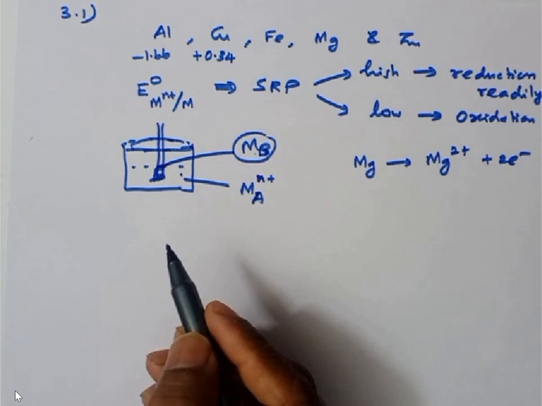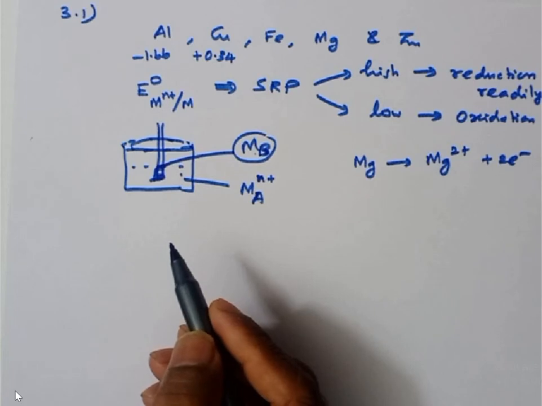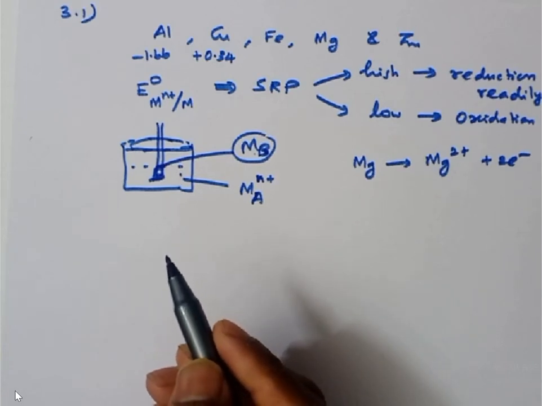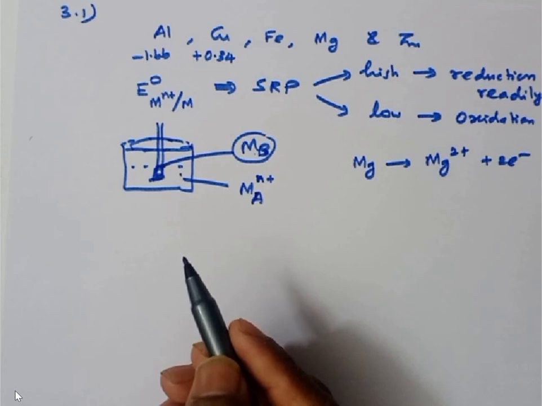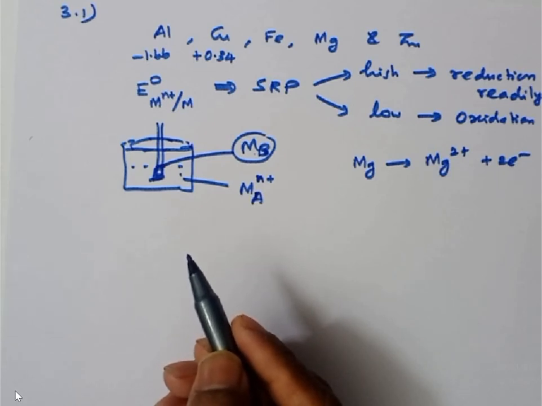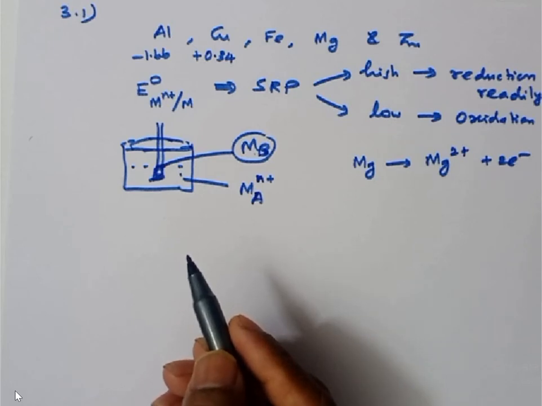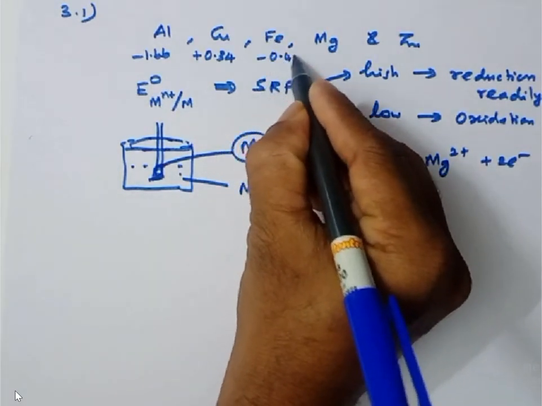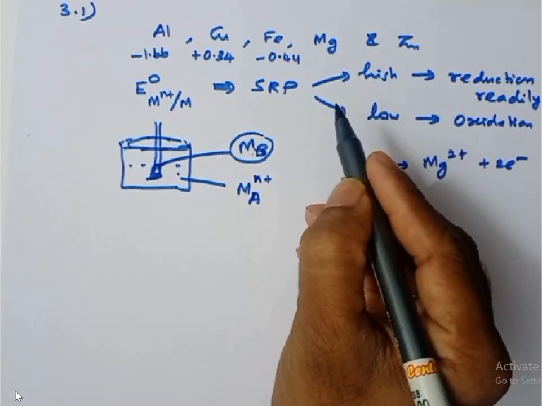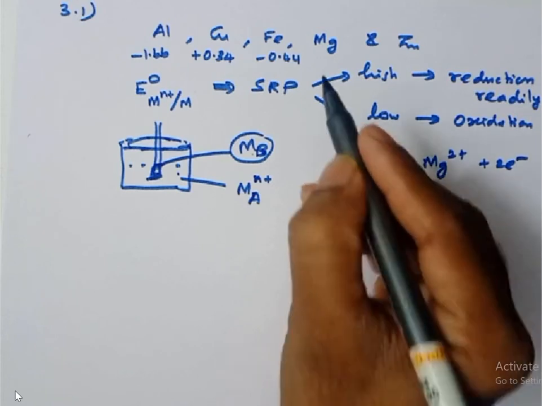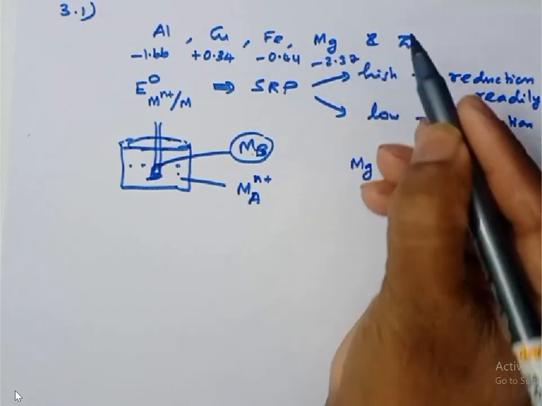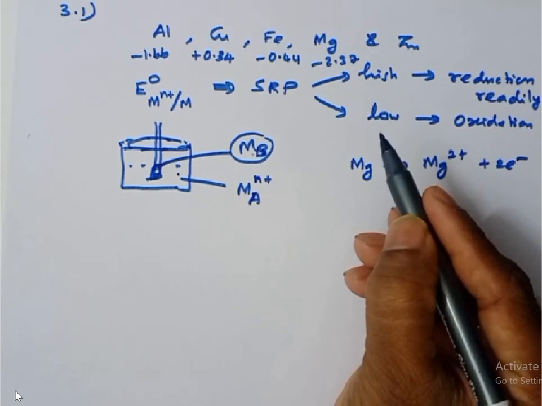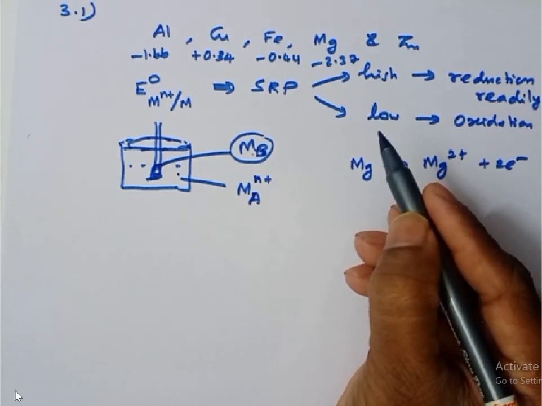For iron, Fe2+ becoming iron, the SRP value is minus 0.44 volt, for magnesium the value is minus 2.37 volt, and for zinc it is minus 0.76 volt.